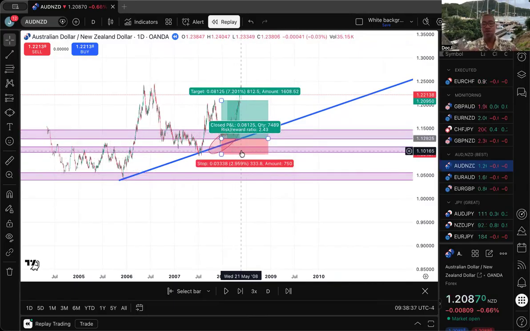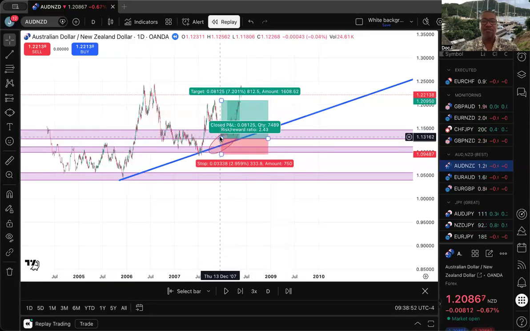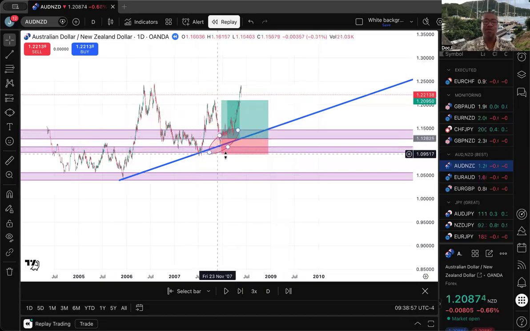That's how knowing how to put together your area of interest in addition to your trend lines and using them to your benefit. The best trades to take are trades where we know that price comes to a particular area, and it rejects that area. So if it's a situation where we don't have any obvious trend lines, but we have an area of interest that price always reacts off of, and it gives a very strong reaction off of that area, that's a good area to take a trade.